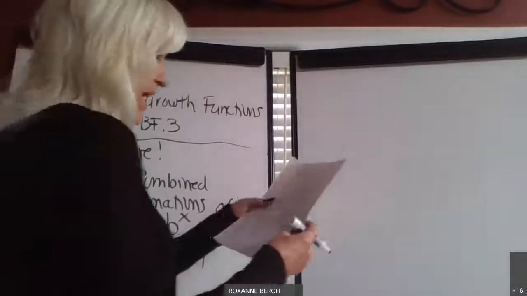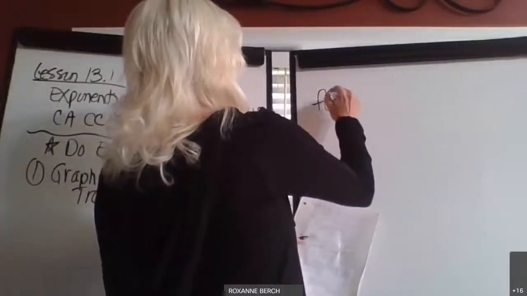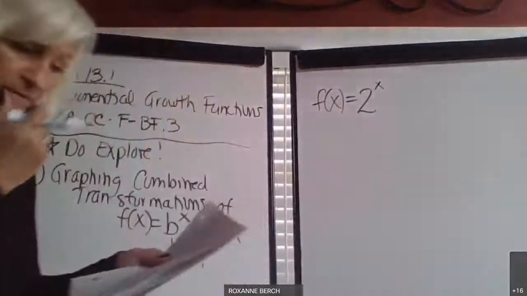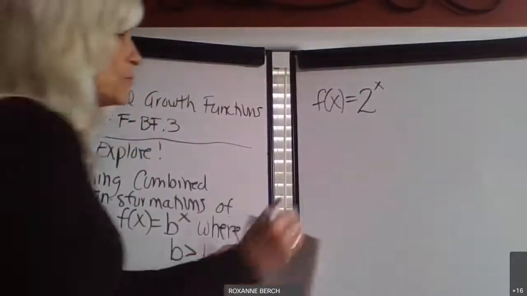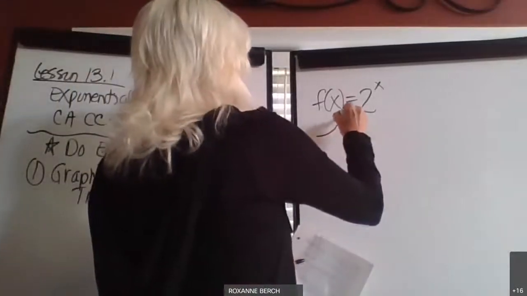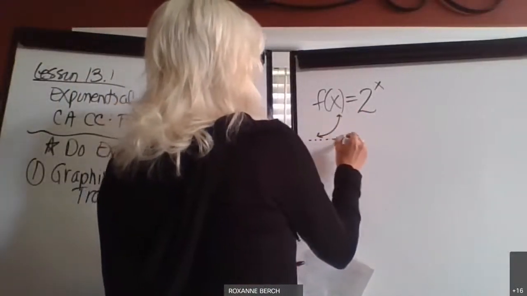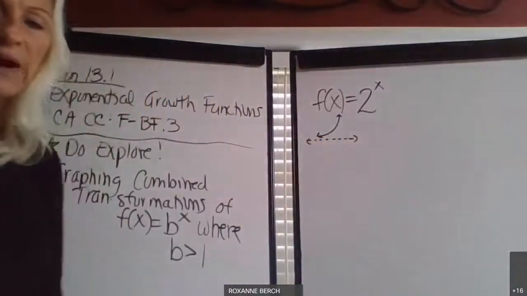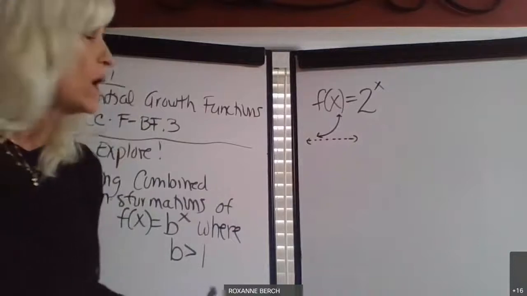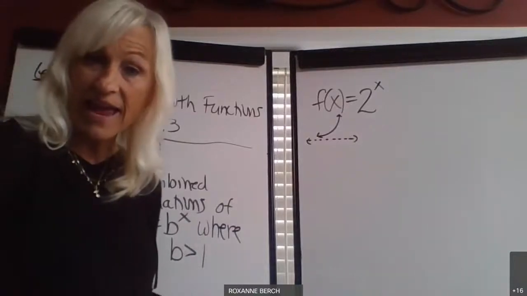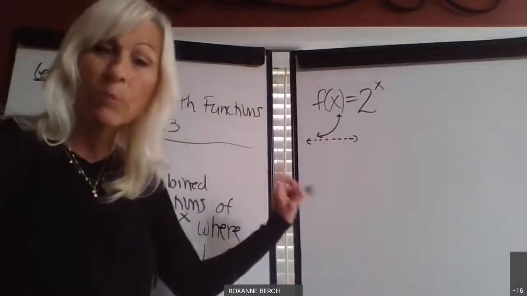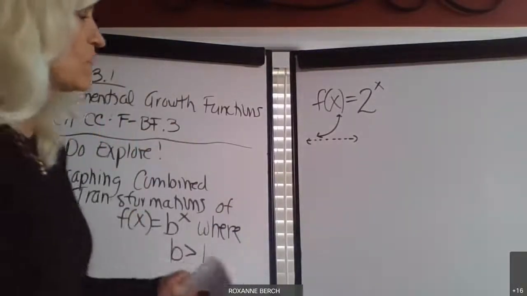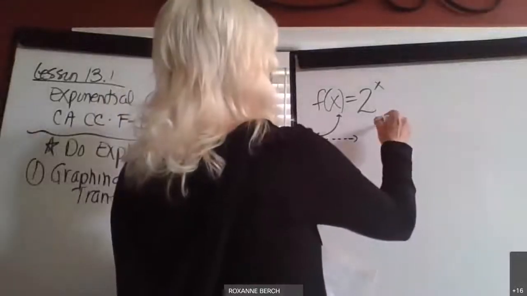All right, so let's take a look at a parent. Let's take a look at 2 to the x. Okay, that is definitely exponential growth, and it looks like this. It actually has a horizontal asymptote at y = 0. And I'll just let you know, if you have a k that moves up and down, it will move the asymptote up and down. So let's look at the parent points.